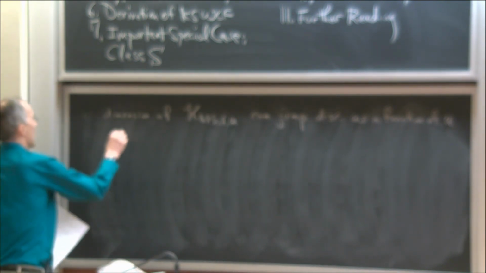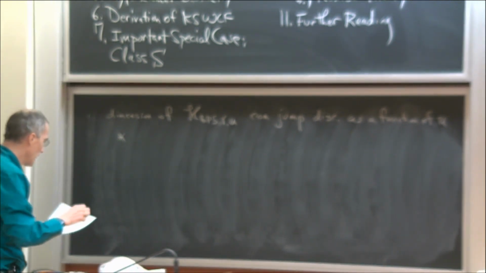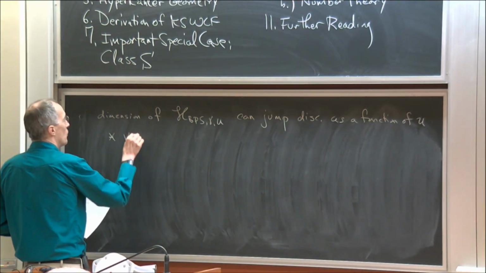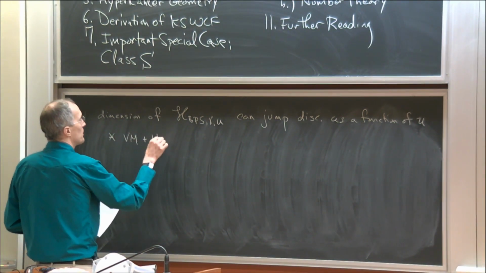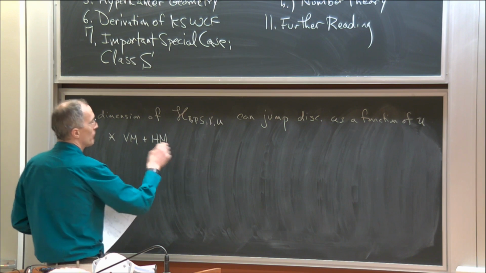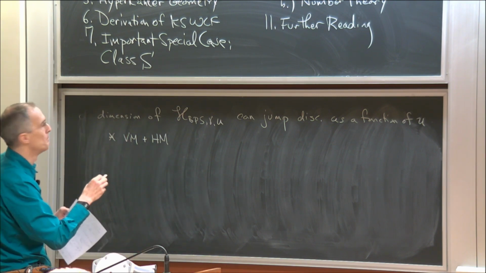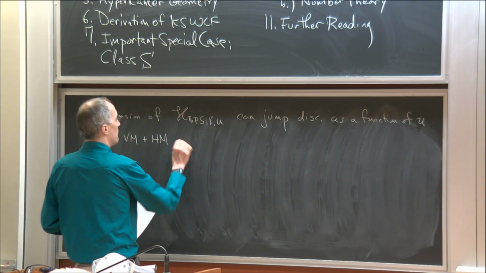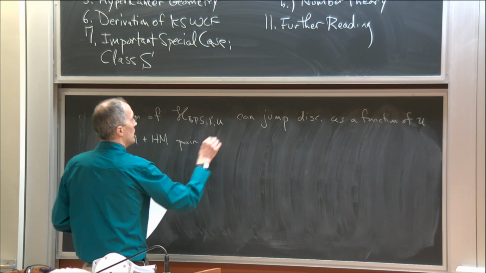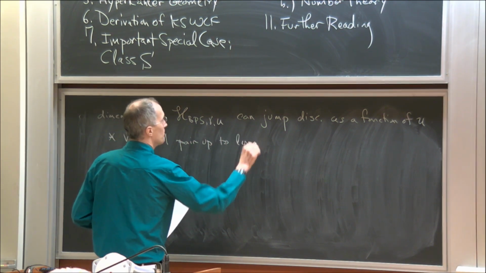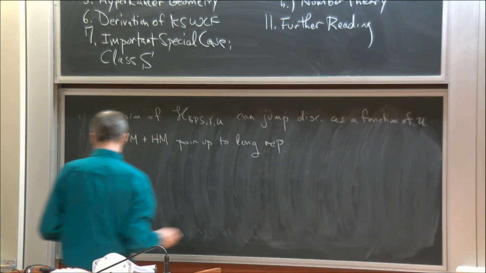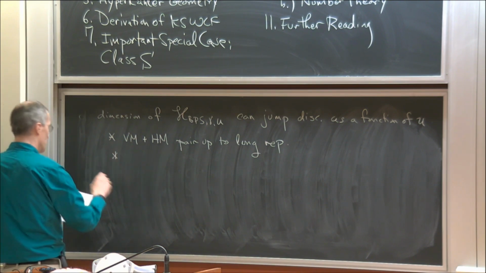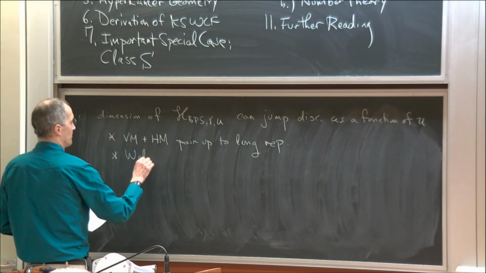And there are at least 2 reasons for that. One is the more prosaic reason that hypermultiplets and vector multiplets, short representations of the superalgebra, can pair up to a long representation. And the less prosaic reason is Wallcrossing.